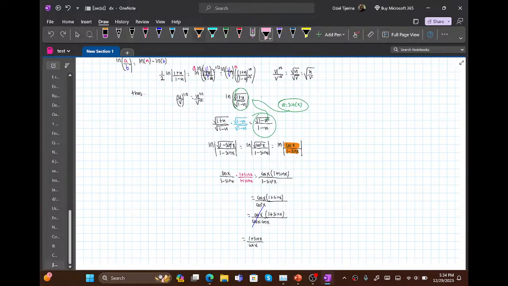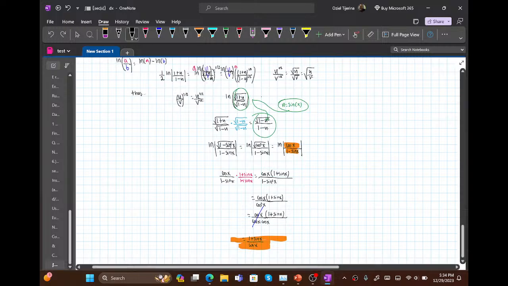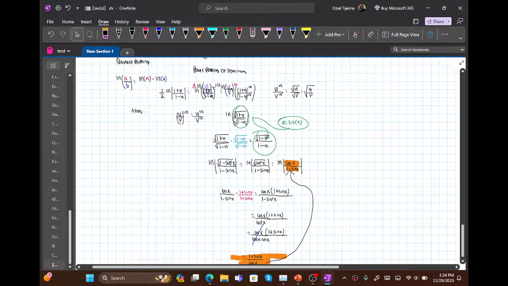This is what we're gonna get for whatever the algebraic expression or the trigonometric expression inside the natural log will be. So we're gonna put that in.